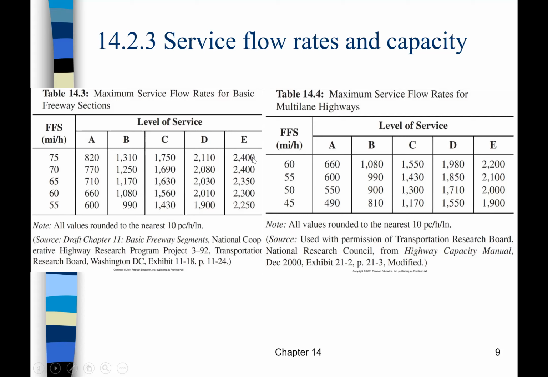This is the capacity of the facility that has the free flow speed of 75 miles per hour. At multi-lane highways, if the free flow speed is 60, the maximum service flow rate, or reaching the capacity, is 2,200.